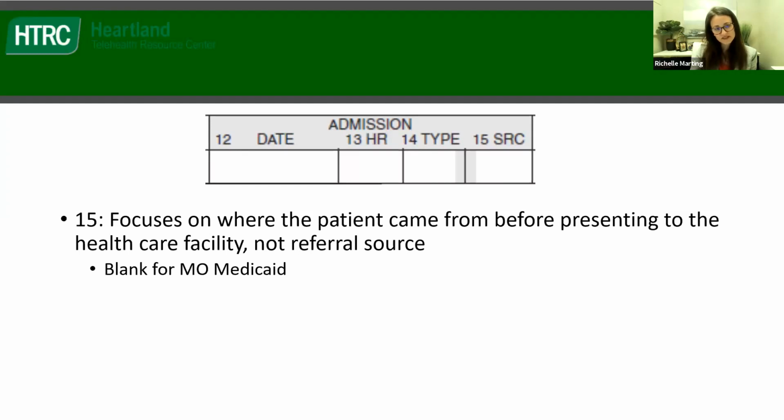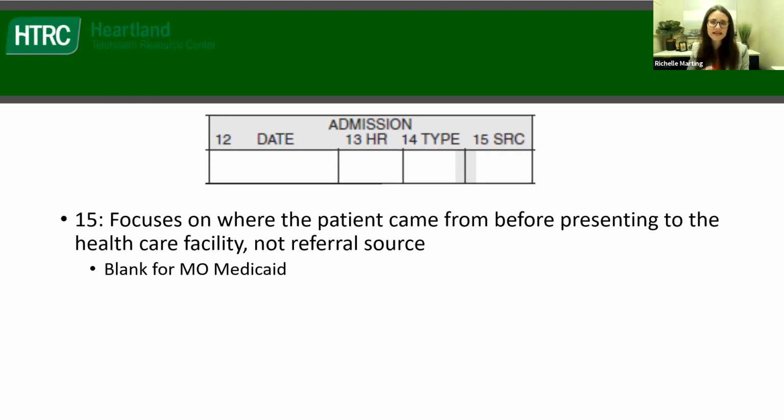But one thing that's important in this admission block of data, if this were a hospital, for example, we may have the hour of admission, we may have the date of admission since we're spanning multiple days for an inpatient stay. But for RHCs and FQHCs, this last box, box 15, identifies the source of admission.